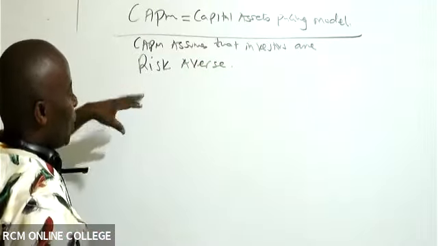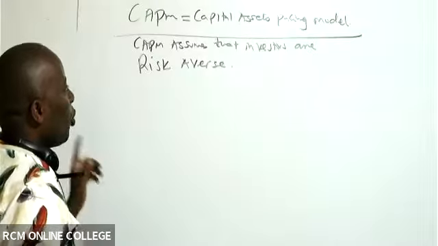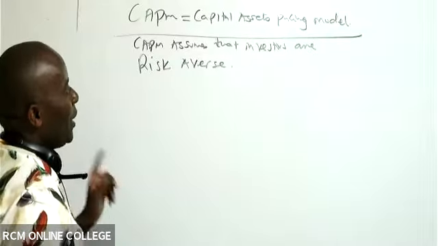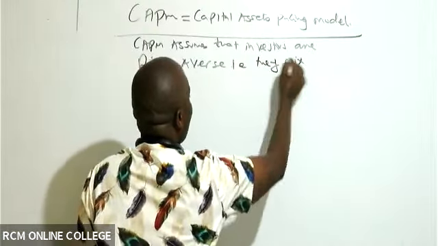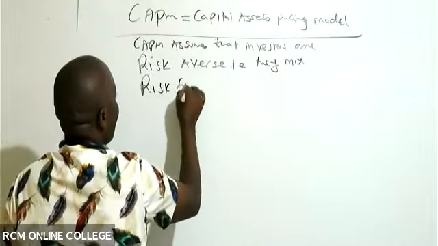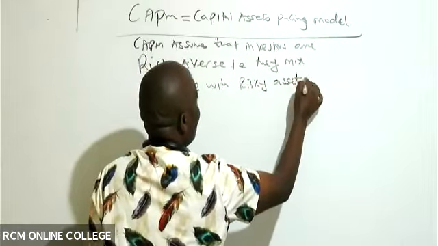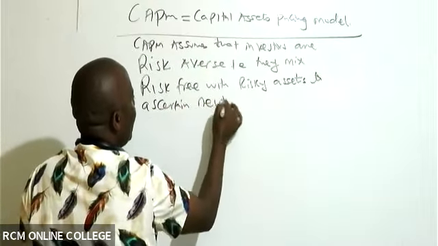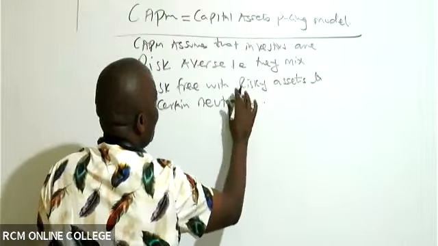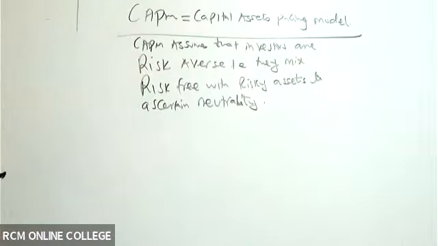So whenever they come up with their investment strategies, they always mix risk-free with risky assets to ascertain neutrality, because they are very fearful.